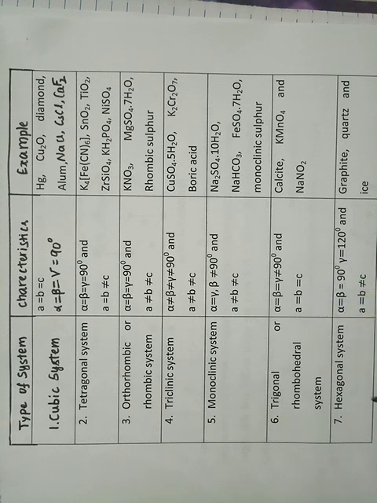The last one is the hexagonal system. In the hexagonal system, the angles alpha and beta are equal to 90 degrees, but gamma is equal to 120 degrees, and two intercepts are equal in length, but the third intercept is not equal in length. So this is called the hexagonal system.